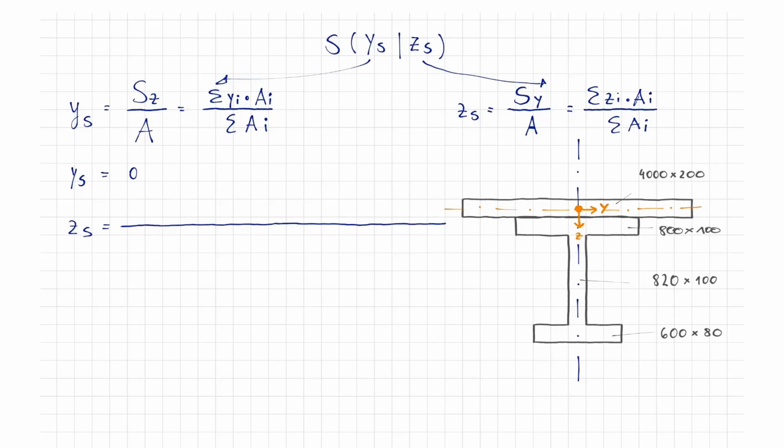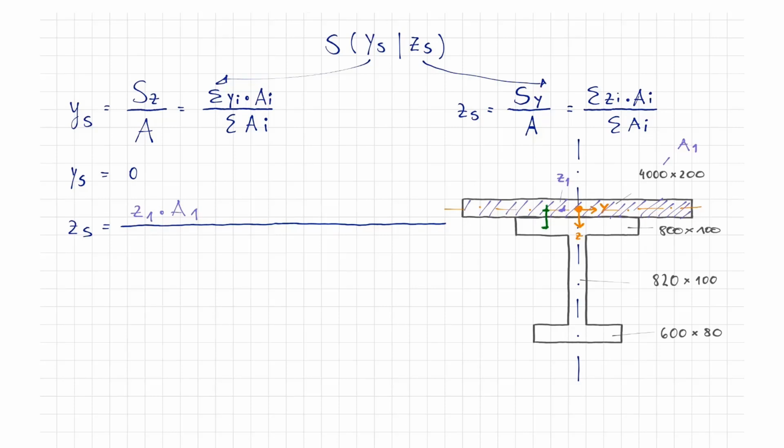Let's start with this. The centroid of the first surface, the slab, lies in the selected coordinate system, so its distance z1 is equal to 0. This value is multiplied by the first partial area A1, 4000 times 200 square millimeters.